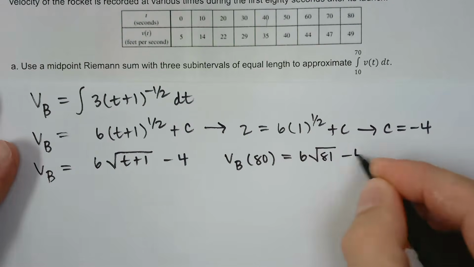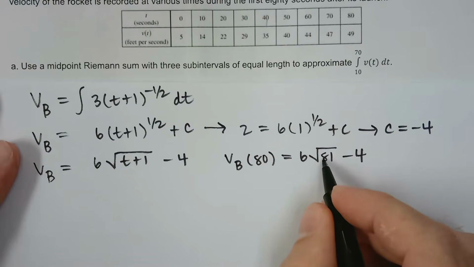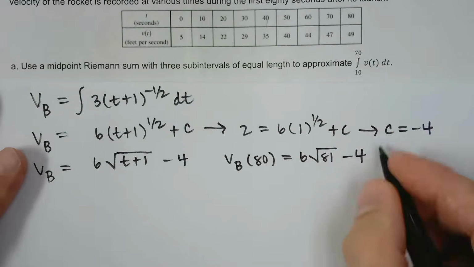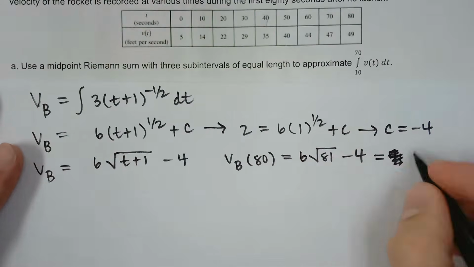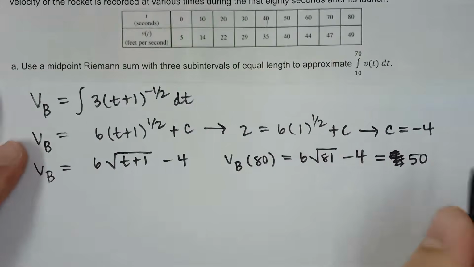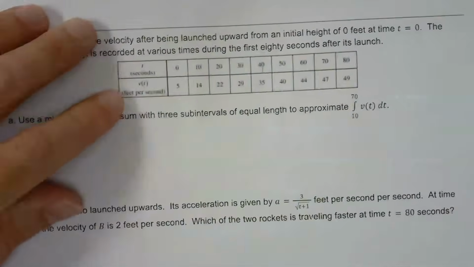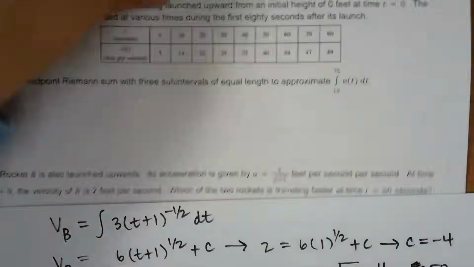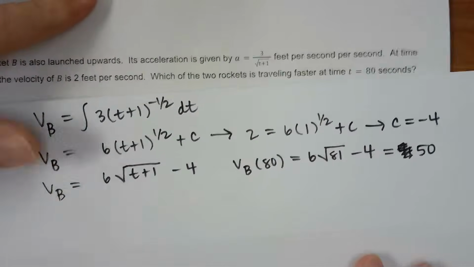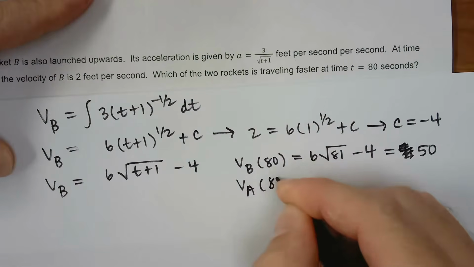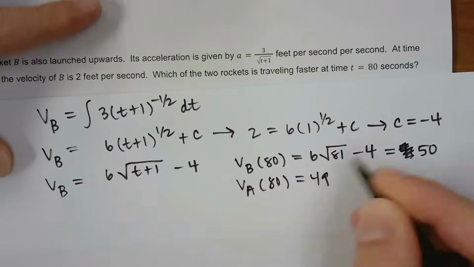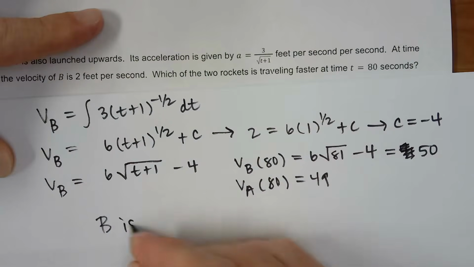I know how to take that. 6 times 9 is 54. 54 minus 4 is 50. Oh, 50 versus 49. Okay. Rocket B is traveling faster because 50 is greater than 49. The velocity of A at 80 was equal to 49, and I would say B is traveling faster.